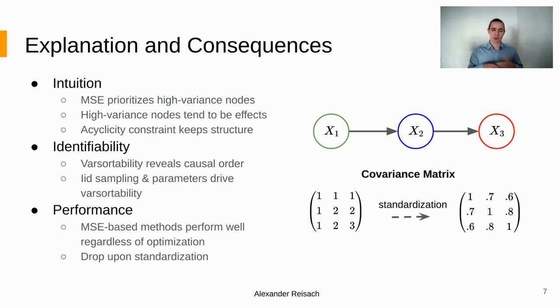And the closer to 1 it is, the closer we get to a causal order. The reason why we see varsortability is because we commonly sample graph parameters IID, and this IID sampling means that regardless of where we are in the graph, we sample according to the same rules.